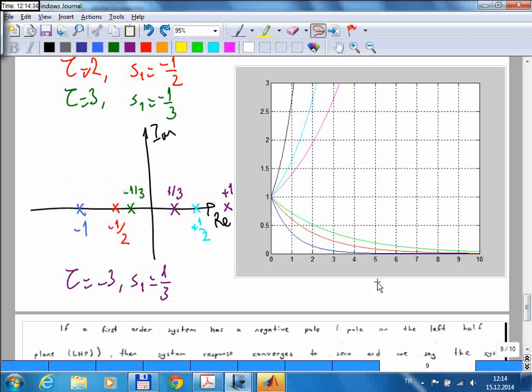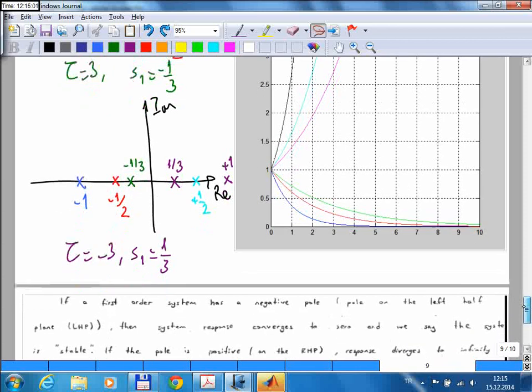Not only that, but its exact location also tells us how fast the system responds to inputs or the initial conditions. If our pole is farther away from the origin, then the system will react faster and faster. And if it's close to the origin, then the reaction will be slow, because that's exactly related to the time constant.